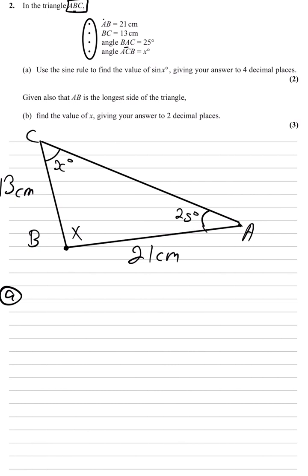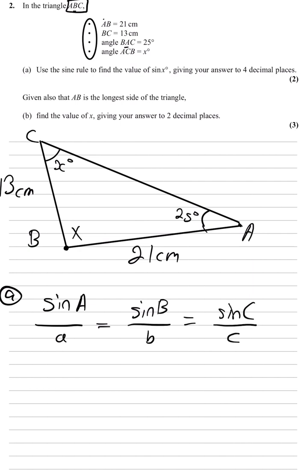So the sine rule when it comes to angles is going to be sine A over a equals sine B over b equals sine C over c. What does this mean? Before I get into that, if you want to find the side, you just alternate the numerator and denominator. Now, what does this mean?